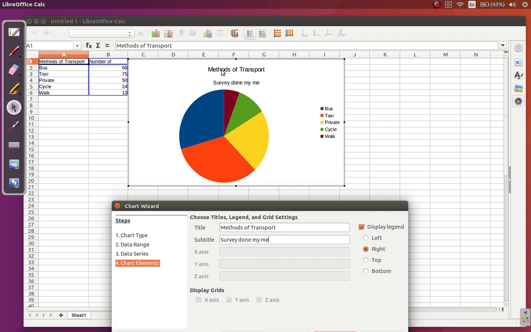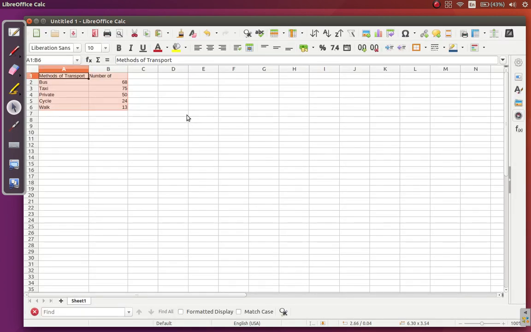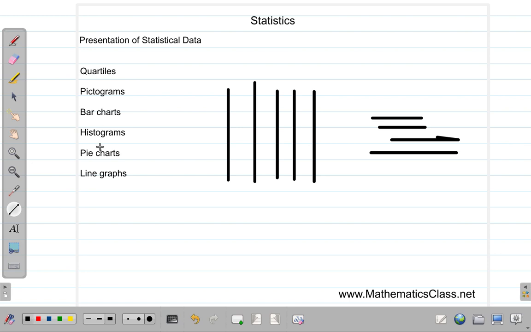When you finish, you see method of transport, survey done by me. And then you have your chart below it. All right? So that's what you have there. I didn't save it. But that shows you the various methods by which you can present data.